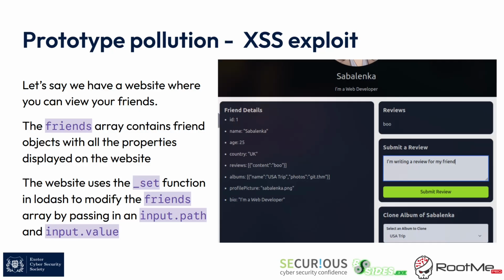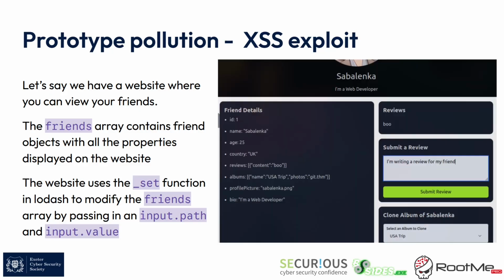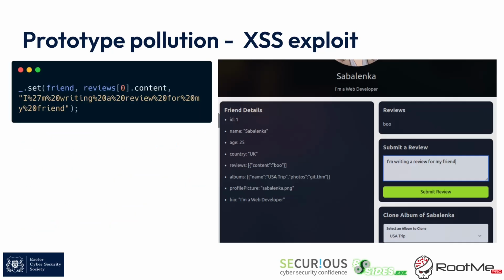For example, I can submit a review. If I submit the review, the string that I passed in will be sent as a POST request to the server side, and that value gets passed into the set function. The review that I sent will appear on the website, where the server side is running JavaScript.